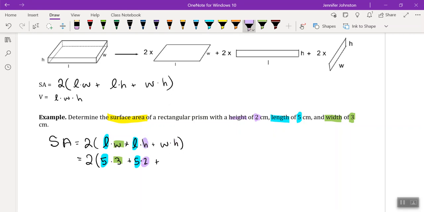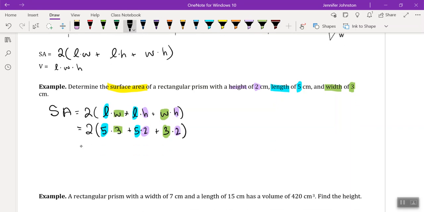And then we have another H. And what color haven't we? A green one. So W. W is 3 and H is 2. All right. Great.